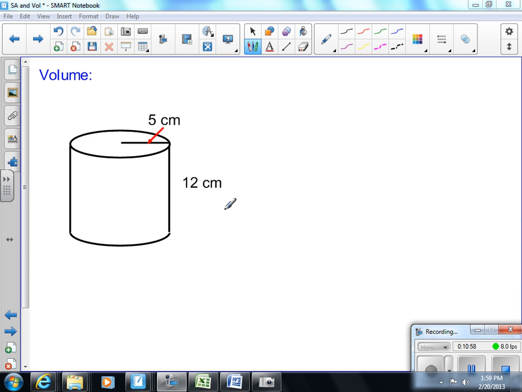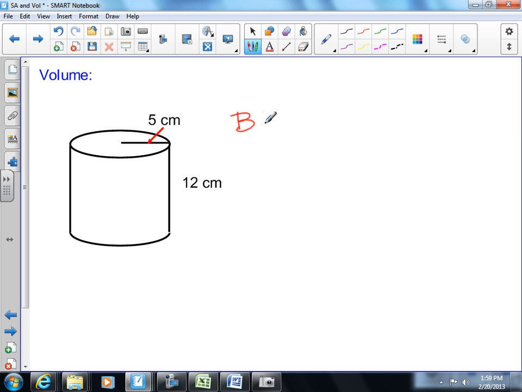And finding the volume of the last shape, or solid I should call it, is a cylinder. Again, we find the area of the base times the height. That's what volume is. But the base in this case is a circle. So you find the area of a circle times your height. We find the area of a circle, which, by the way, we already did in a previous problem.